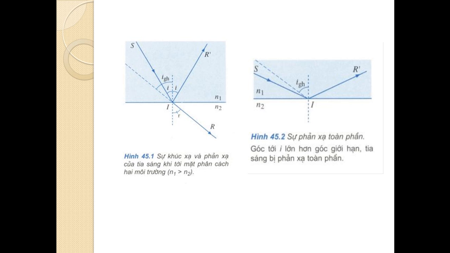Let's consider a light beam going from a semiconductor glass to the air. We know that the optical density of glass is higher than that of air, or n1 is larger than n2. In this case, the refracted angle is greater than the incident angle, or r is larger than i.